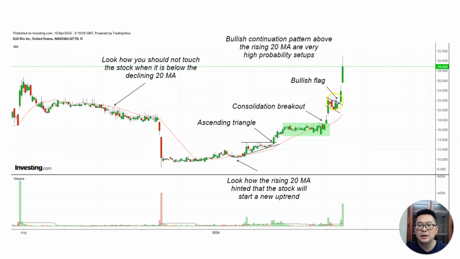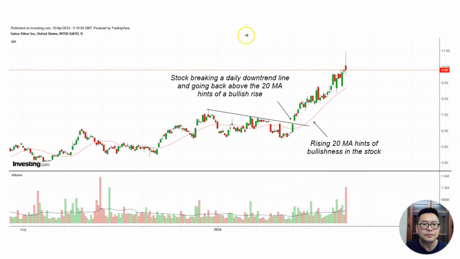So traders who buy the bullish flag here should already be taking profits, or at least raising their stop loss to break even. So next chart, we have this stock breaking above a daily downtrend line and going back above the 20 MA. And this hints of a bullish rise in the stock.